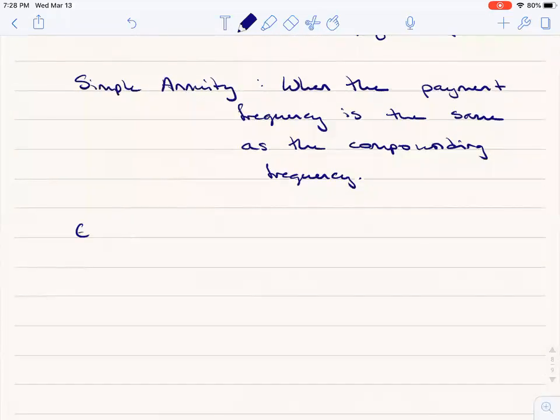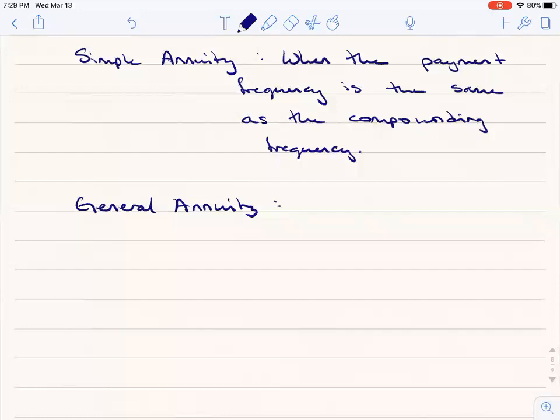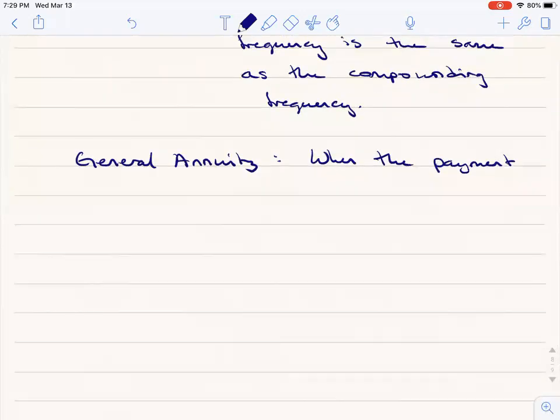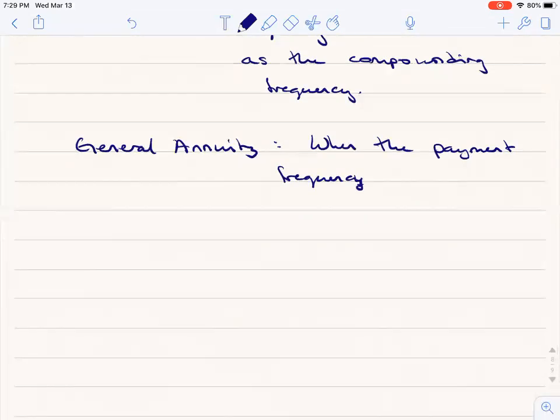Whereas a general annuity is when the payment frequency is not the same as the compounding frequency.